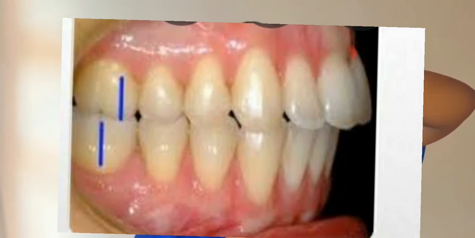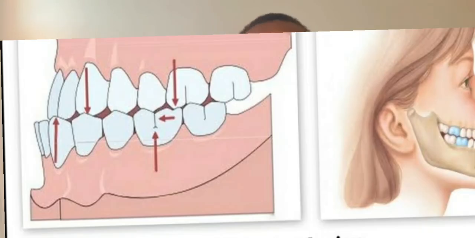So our buccal groove is distal, yes, distal to the mesiobuccal cusp of our first permanent maxillary molar. That's basically what happens in a class 2 malocclusion. And then in a class 3 malocclusion, ladies and gentlemen, the buccal groove of our first permanent molar in the mandible is mesial to the mesiobuccal cusp of our first permanent maxillary molar. I hope you guys understood that.